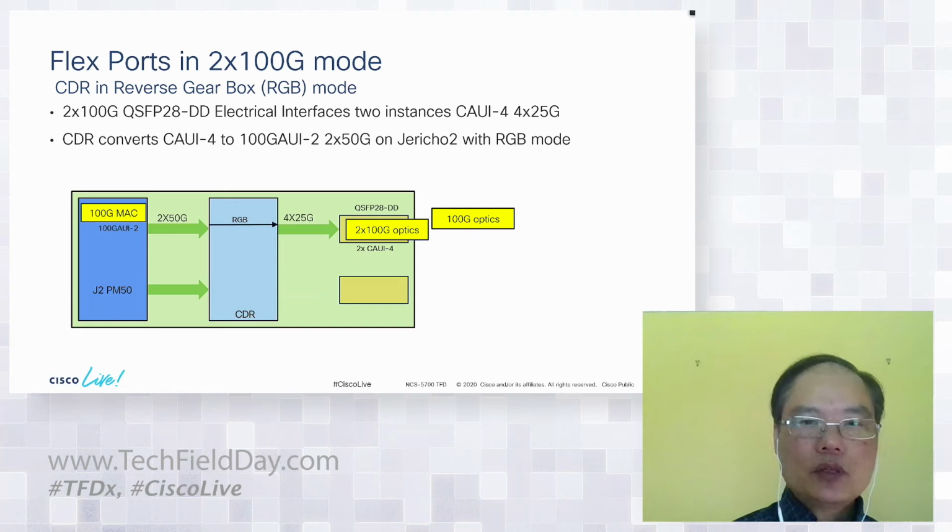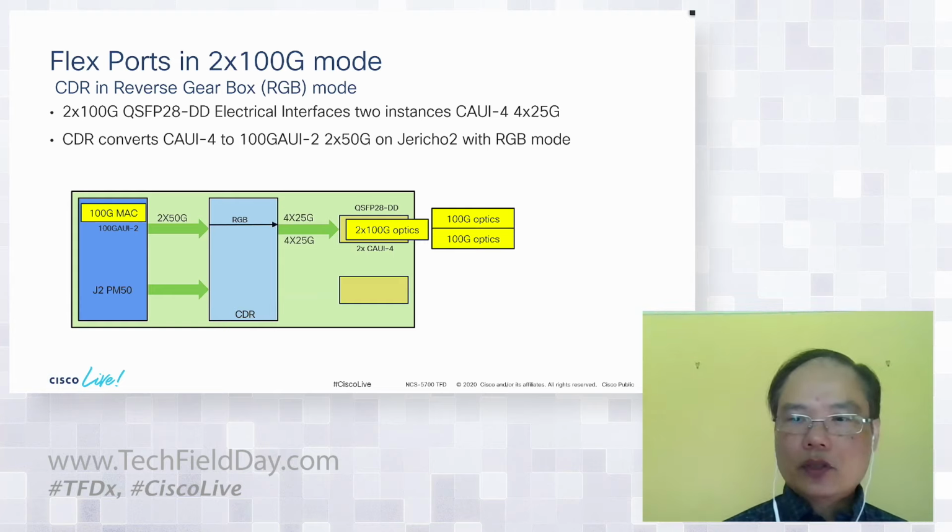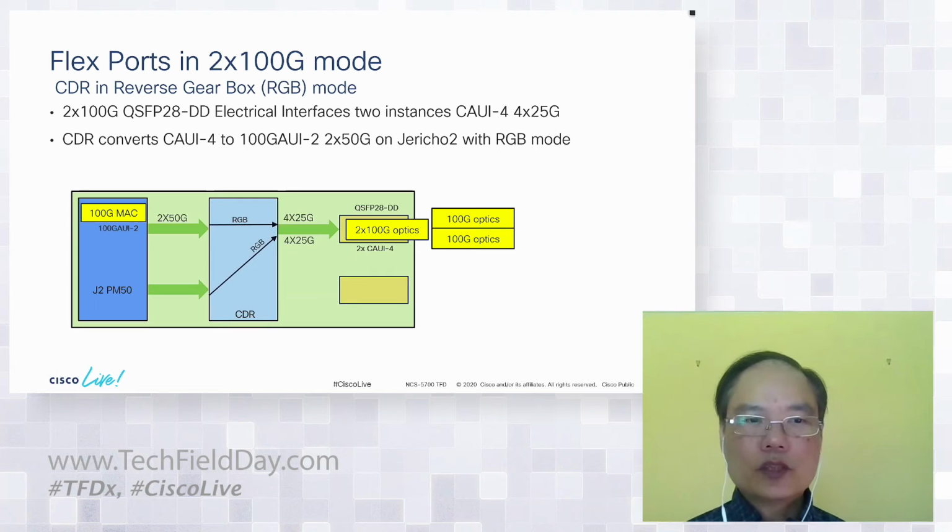So this is the first instance of 100 gig optics. For the second instance of 100 gig optics, the same process will repeat: reverse gearbox into Jericho II, 100 gig MAC.